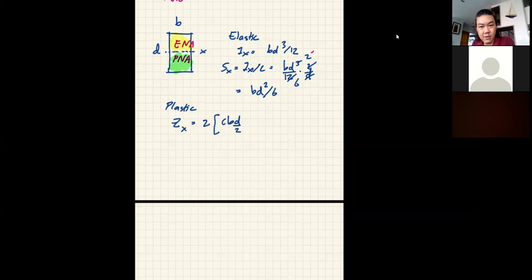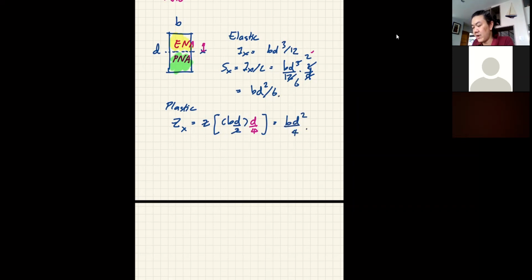It's half the depth now because we need to take moment of the area. And the moment arm here becomes D over 4. So now you have B times D, so it becomes BD squared, the 2 are gone, over 4.